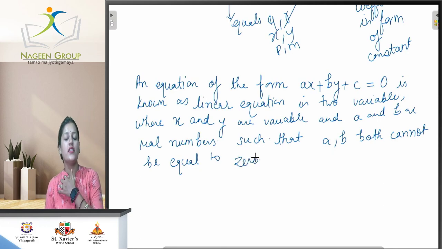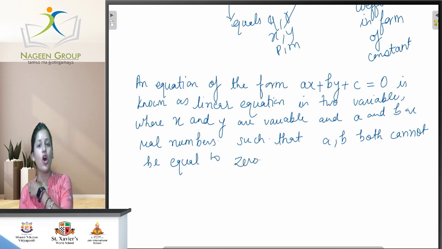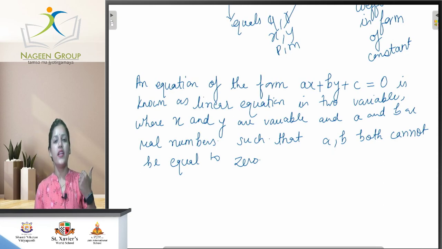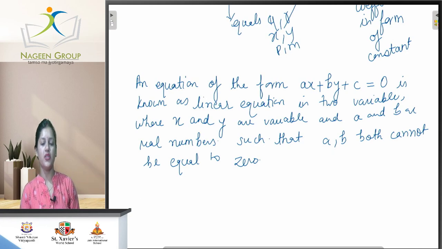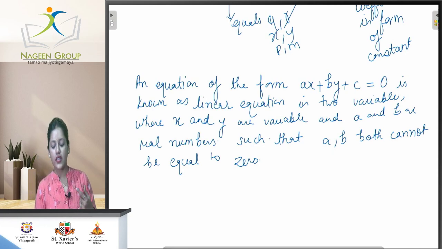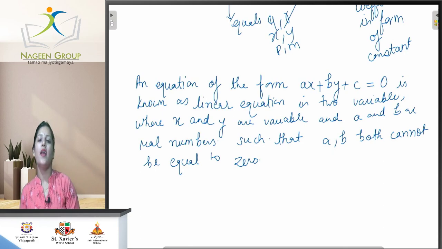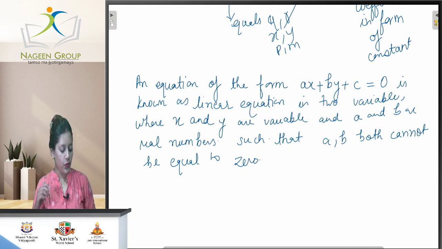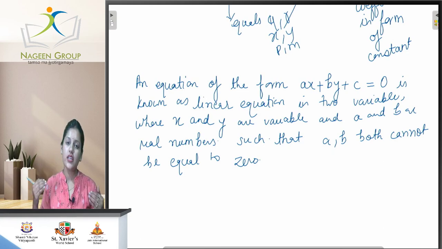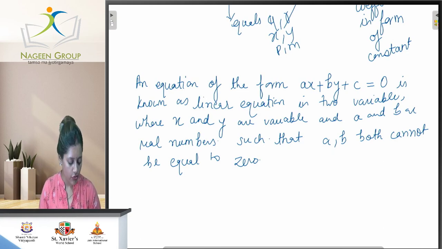It means they cannot both be 0 at the same time. They can be 0 individually, but not both at the same time. If both are 0, then the equation is not a linear equation in two variables.